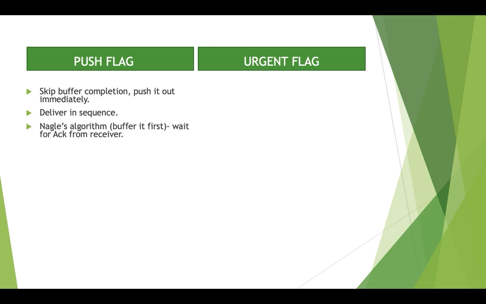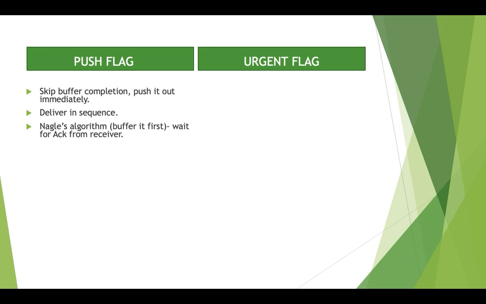That means a 20 byte TCP header and a 20 byte IP header. So 40 bytes additional. Let's say we are sending one keystroke or two keystrokes. Just to send one or two characters, we are wasting 40 bytes of data.